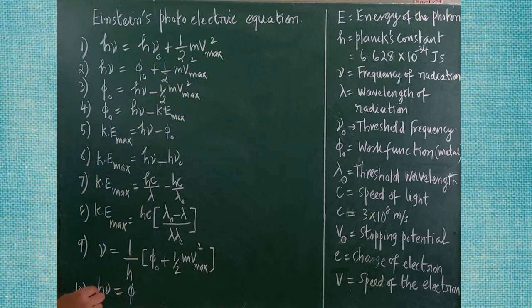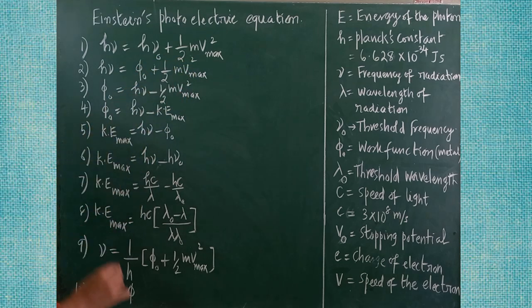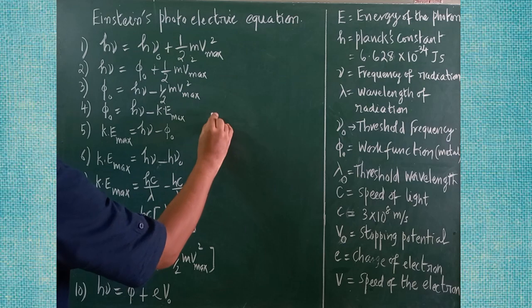We know very well that half m v max square is equal to eV0. Therefore this part is replaced by eV0. Okay. So whenever stopping potential is given, this formula must be used. Understood? So therefrom we are able to get another formula. What is this?